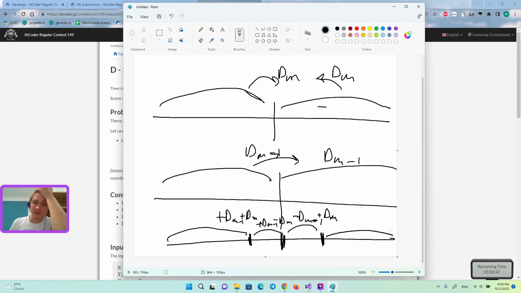And these points are minus dm minus 1 and minus dm. First of all, I think we can all agree that this is some sort of symmetric position.